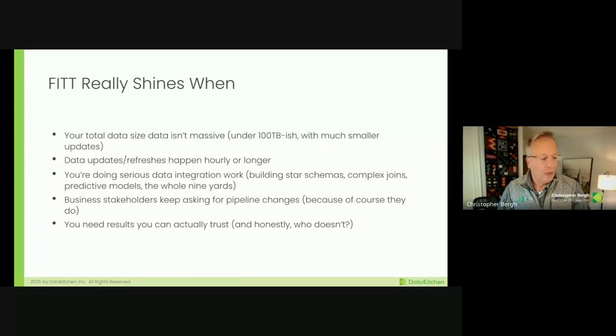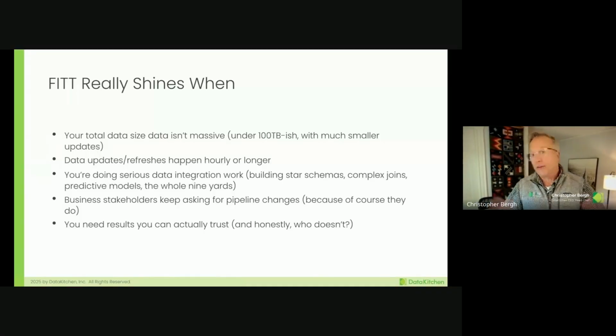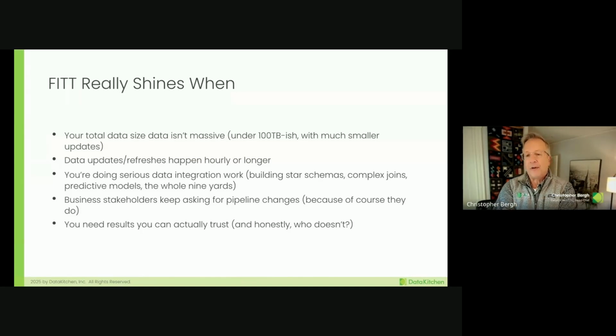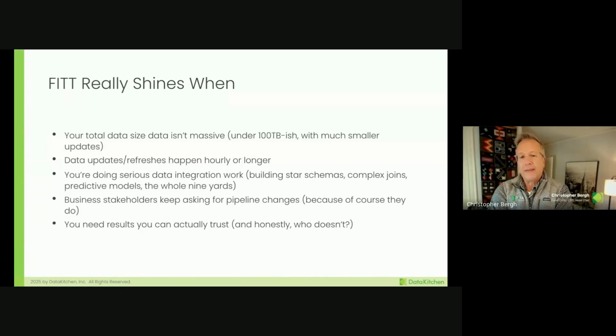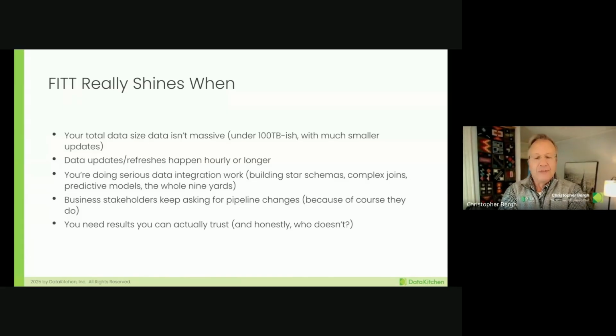This is where we've used it. It could work in other cases, but this is our experience, so I'm sort of caveating what we talk about. Your data size isn't too massive, like under 100 terabyte-ish, with updates that are smaller than that. I haven't worked on petascale databases.